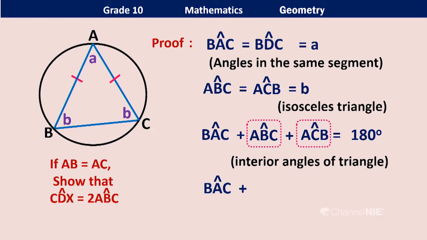So, instead of these two angles, I am going to name it as twice of one of them, because both are the same. So, instead of these two, I am going to write twice of angle ABC is equal to 180 degrees. There I have used axioms to write it as the relationship.